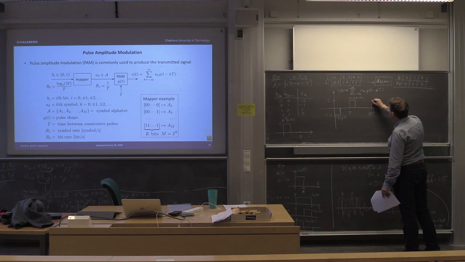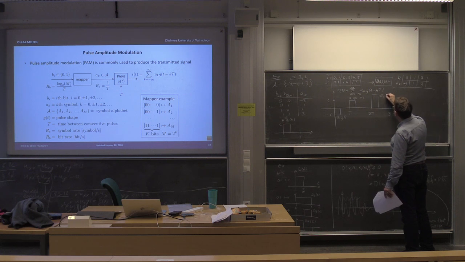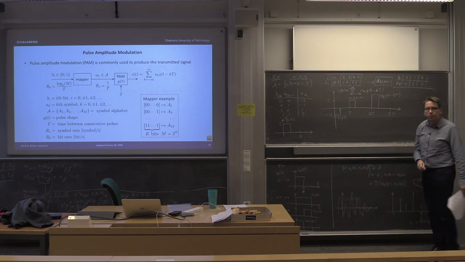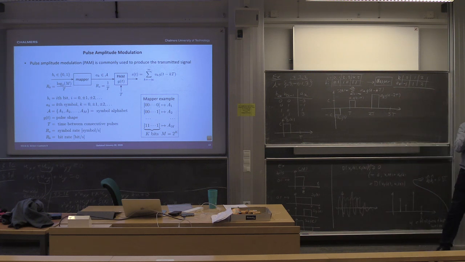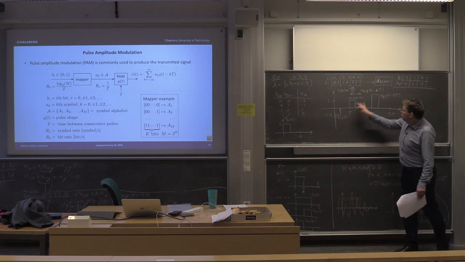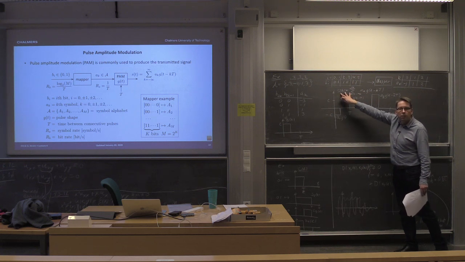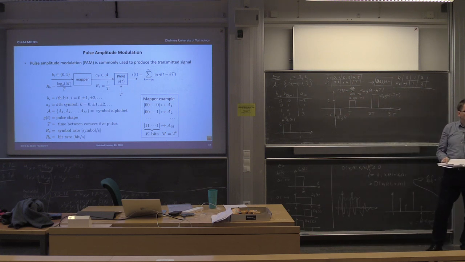So then we will have something like this, and this is then A2 g of t minus 2T, like this. And then we just continue. So if we sum all these pulses together, we get this sum, and there we get the transmit signal. So any questions on this?